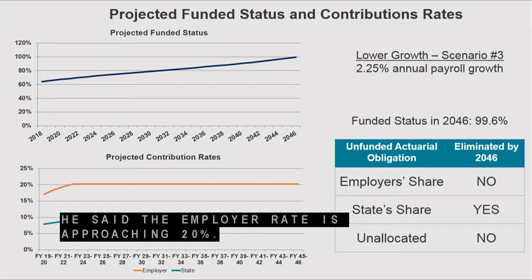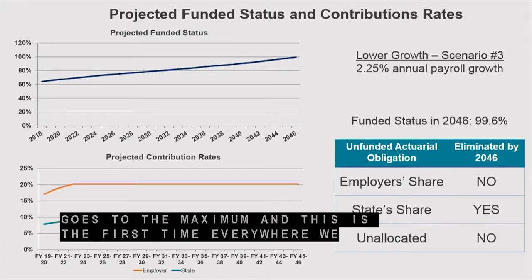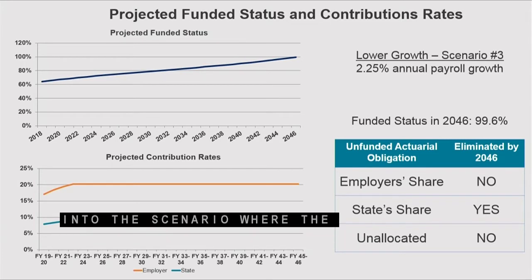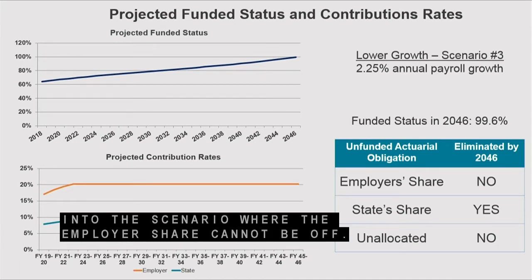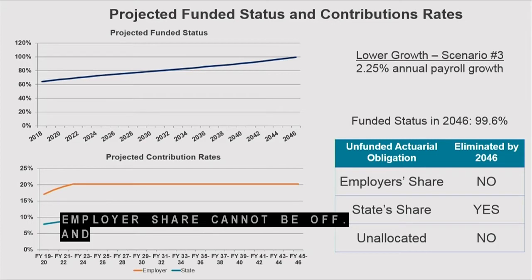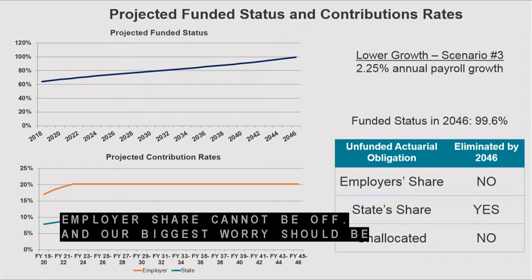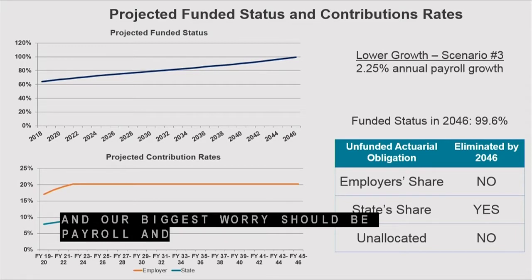And this is actually the first time ever where we run into a scenario where the employer share cannot be paid off. So if we worry about our ability to eliminate the employer share of the unfunded liability, our biggest worry should be payroll growth, membership growth. When it comes to investment volatility, it's the state. So it's kind of interesting.